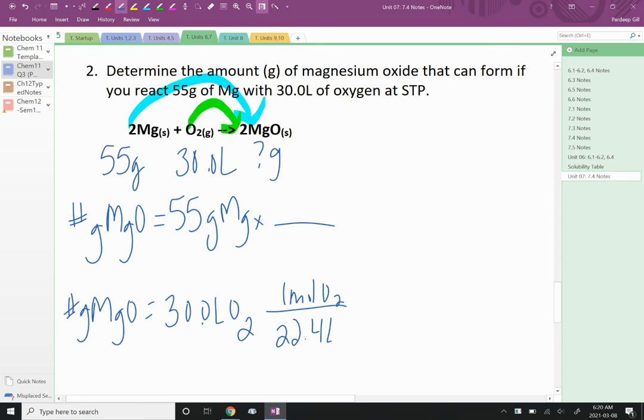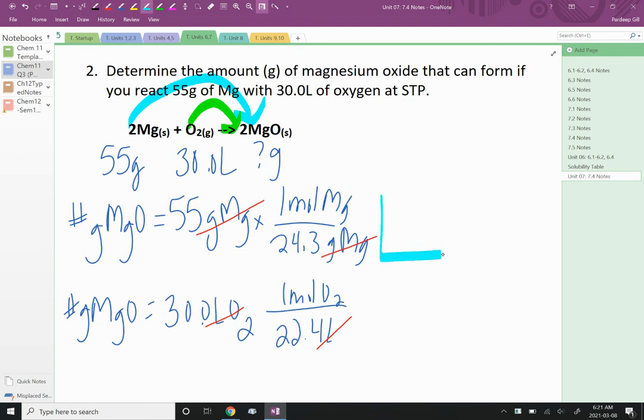I'm just going to set up mine. You're going to find the moles. Once we multiply or divide through, liters are gone and we're left with moles.